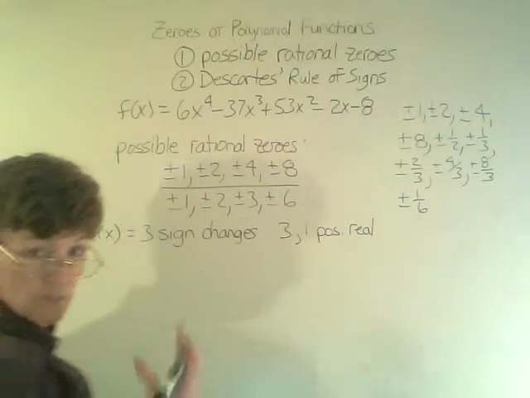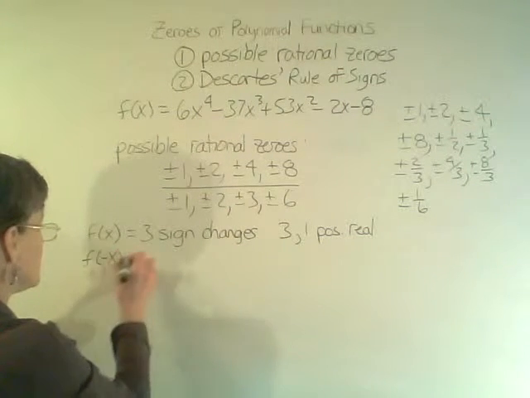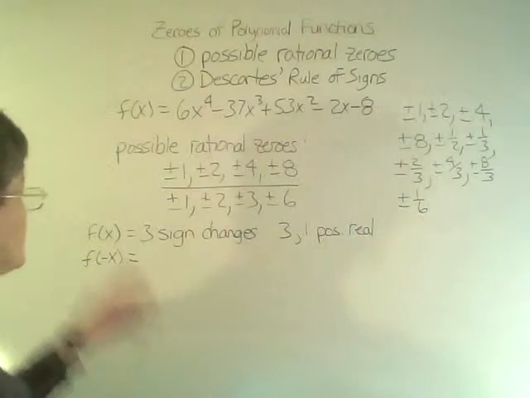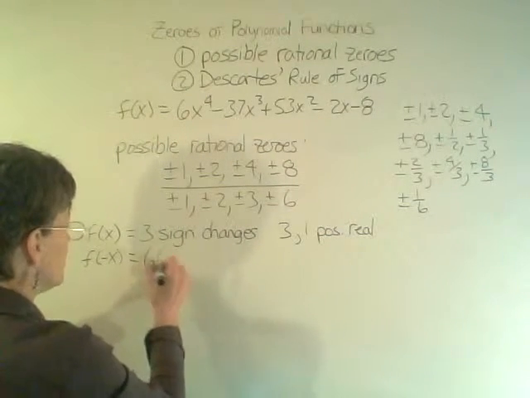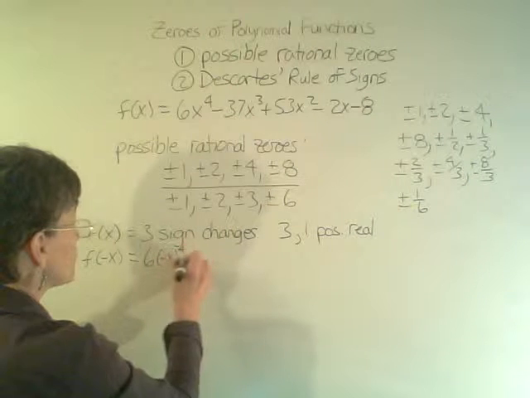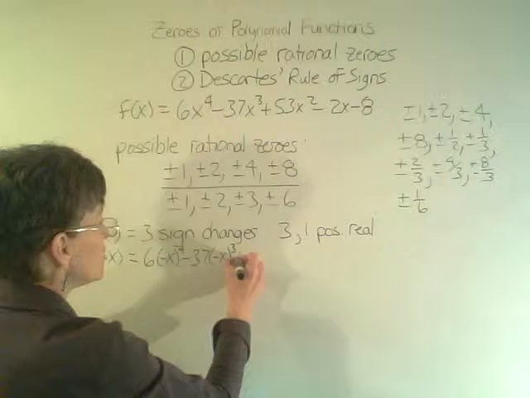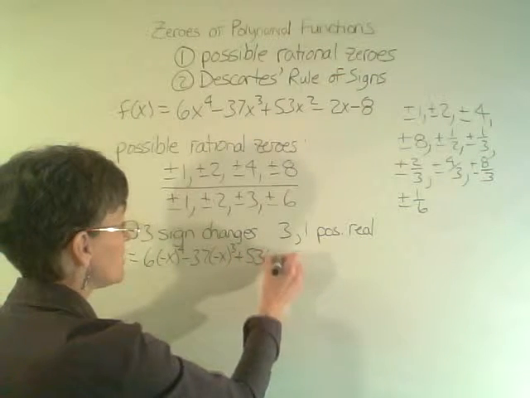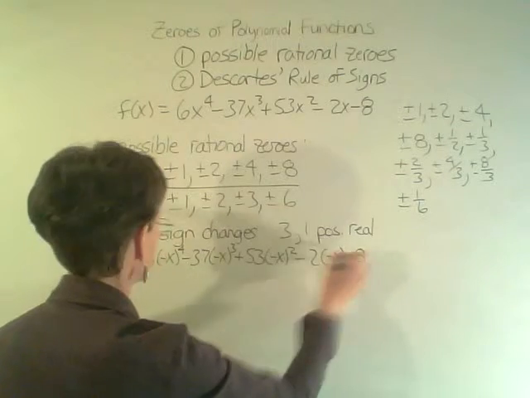All right, now to get the number of negative real zeros, I find the signs of f of negative x. If I put negative x in for all of those x's, I get 6 times negative x to the fourth minus 37 times negative x cubed plus 53 times negative x squared minus 2 times negative x minus 8.